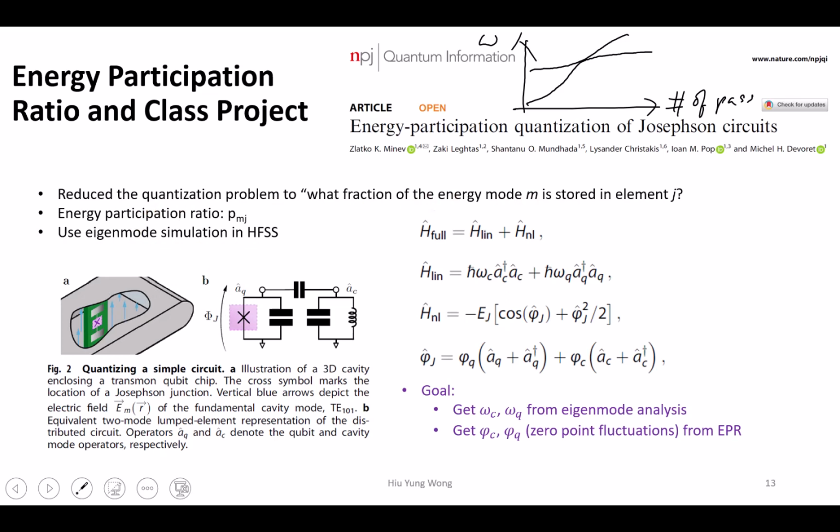Okay? Now, anyway, the good thing is that now you can use HFSS to do the eigenmode simulation, right? So what do I want to say here? A lot of equations, again, we don't need to really understand, but it's good to have some feeling to appreciate what we have learned. For example, the Hamiltonian of the full circuit is decomposed into the linear part and the nonlinear part. And the so-called linear part is this one.